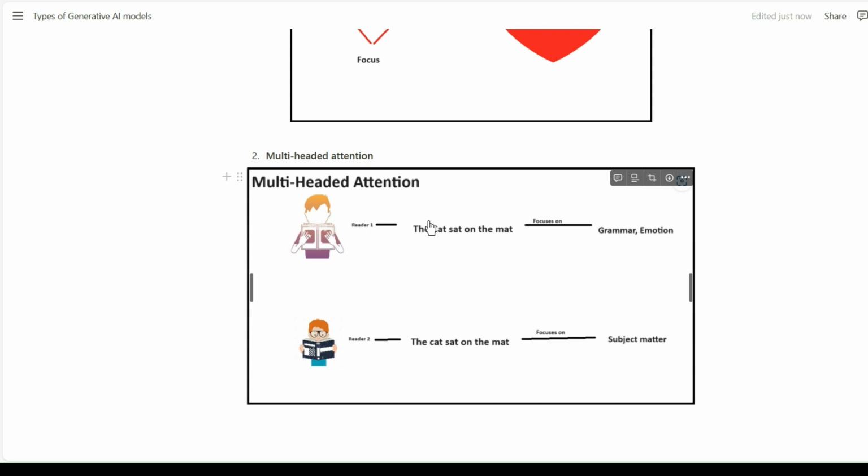Multi-headed attention does this by having multiple heads looking at the input from different perspectives. So this is what multi-headed attention is. Let's look at positional encoding.